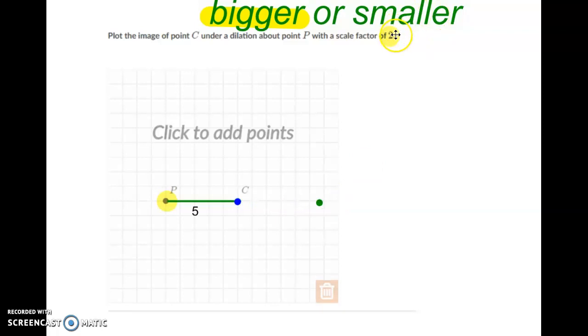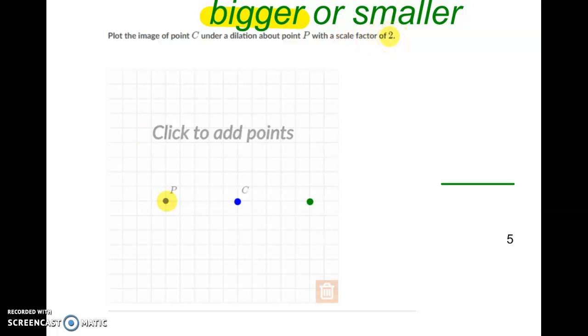Well, by a factor of 2, 5 times 2 is 10. 1, 2, 3, 4, 5, 6, 7, 8, 9, 10. That would be the new location. So if I drag this stuff off here, they're wanting you to drag that blue dot over to here. And that would be a dilation about point P with a scale factor of 2.